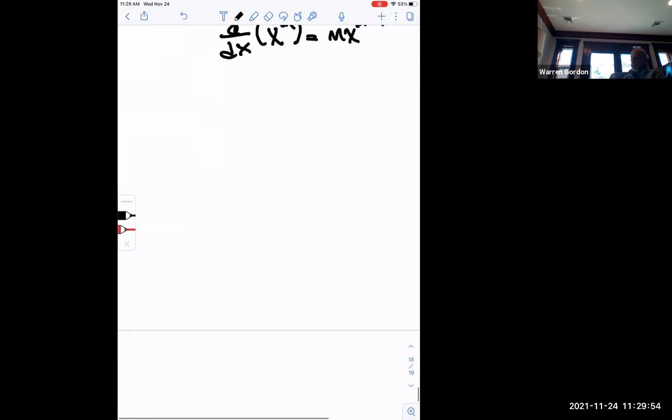Sometimes you got to be a little bit clever in doing an integration. For example, suppose you want to integrate, let me do it this way.